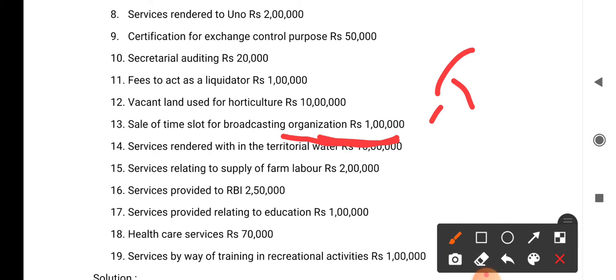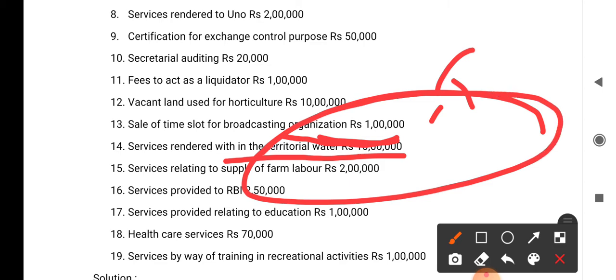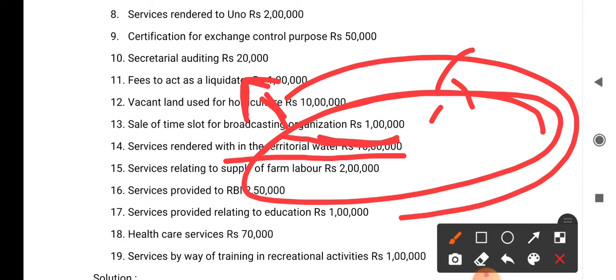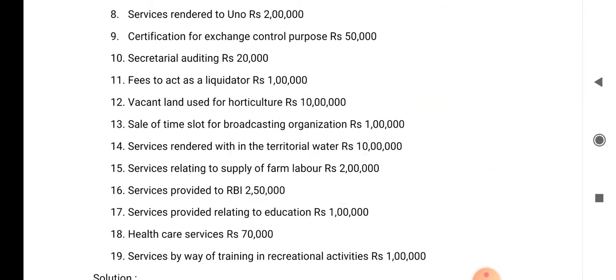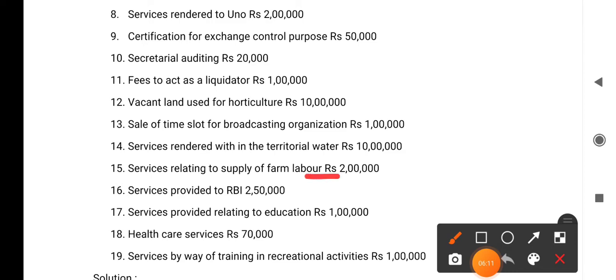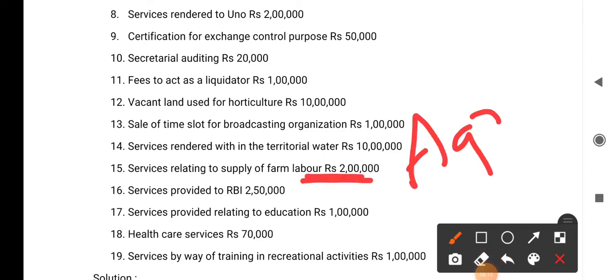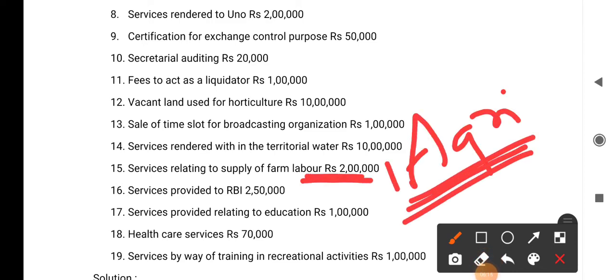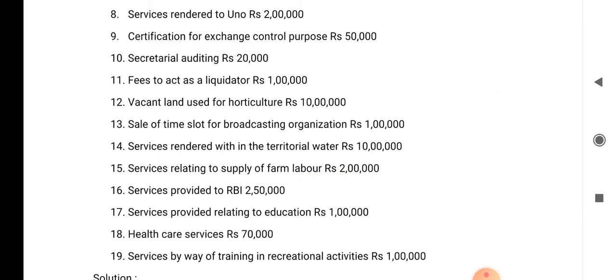Then services rendered within territorial water. Territorial water means the specific area limits surrounding the border of the country. So, it is also taxable. Services relating to supply of farm labor. Services related to farm labor. This is the supply of services relating to agriculture. So, services relating to agriculture are exempt from tax.